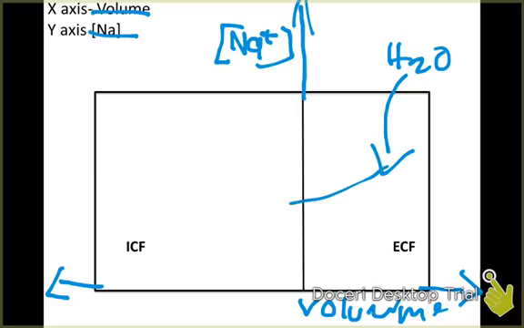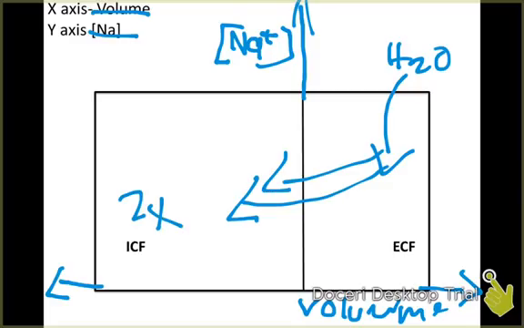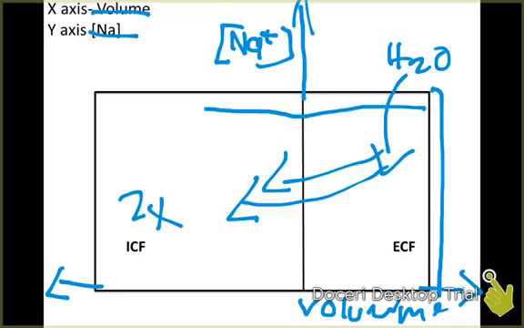What's going to happen? 2 times of that water will go into this intracellular fluid space. And as you add water to this area, you get a small increase in volume, but you get a significant decrease in the sodium concentration along that y-axis.